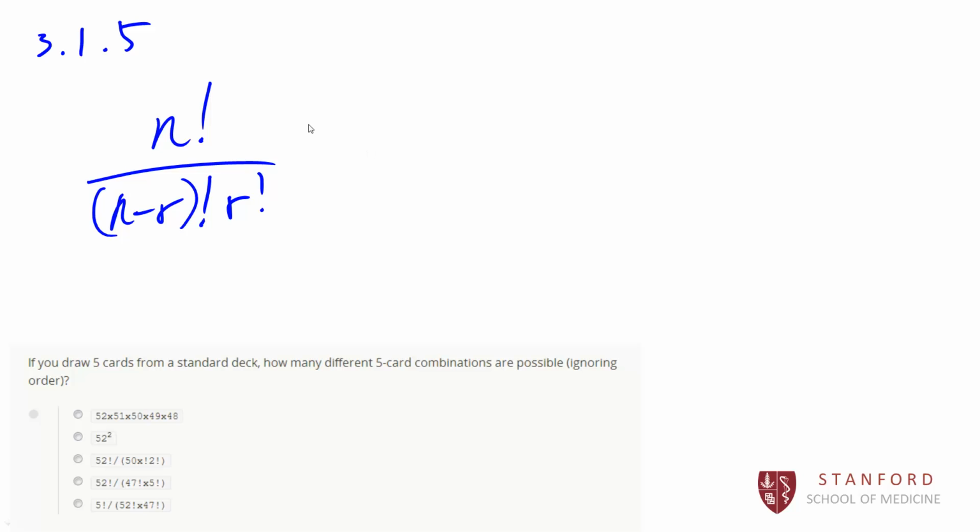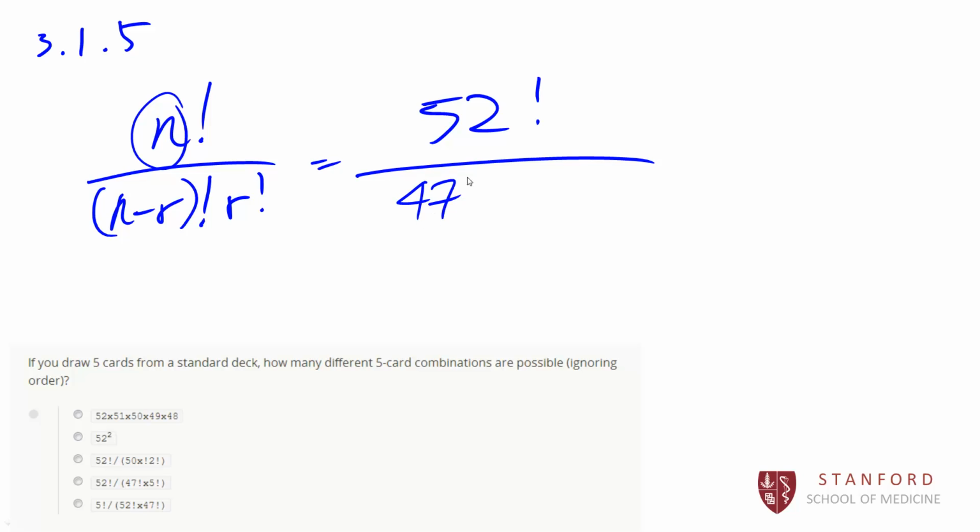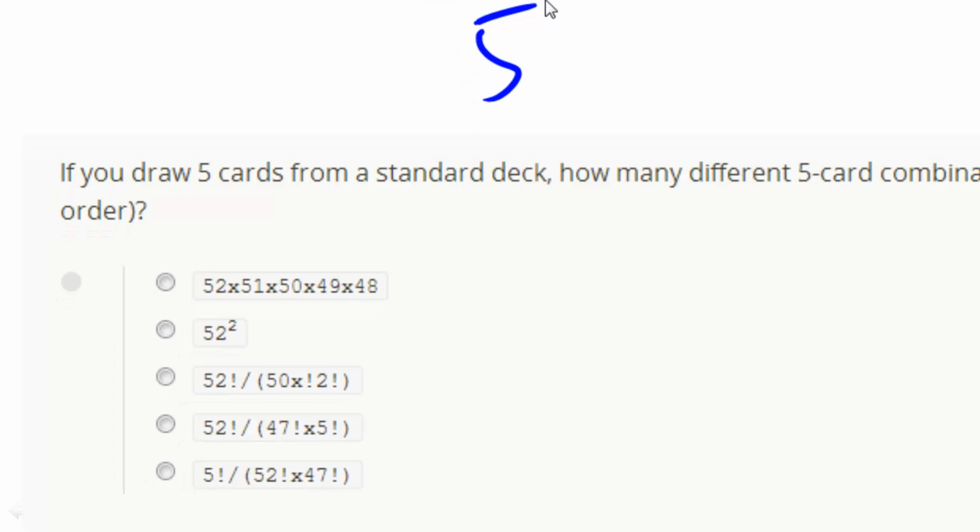Okay, so n factorial, the n here represents the total number of cards in the deck, so that's 52. And you're pulling 5 cards from that deck. So it's going to be 52 minus 5, or 47 factorial down here, times 5 factorial. So n is 52 here, and you're choosing 5 out of 52. So r is 5. Okay, so we see that the answer is, in fact, solution D.